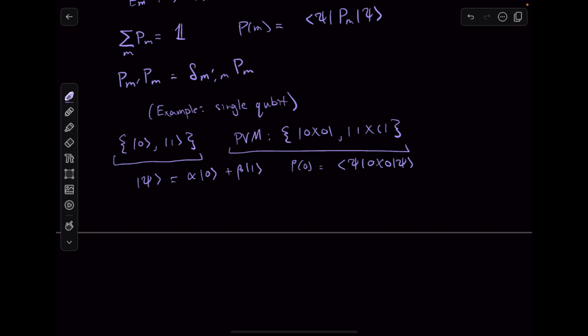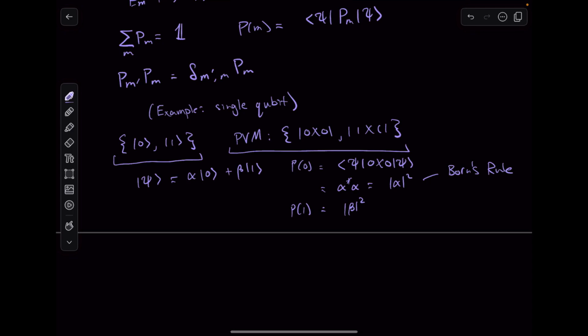It's pretty easy to see that this gives us the complex conjugate of alpha, the amplitude over 0, times alpha. This is just the magnitude squared of alpha, which is Born's rule, relating amplitudes to measurement statistics. And likewise for measuring 1, it's the amplitude squared for that coefficient.